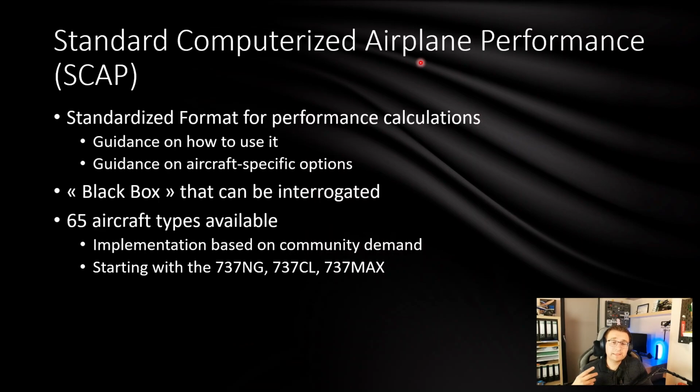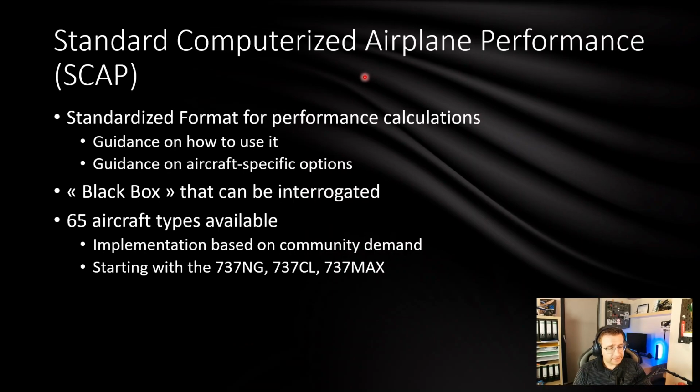You have to visualize that as a black box that can be interrogated. You create your performance request and send it to the black box. The black box makes its own calculation and sends you the results. So this is the principle of the SCAP file.